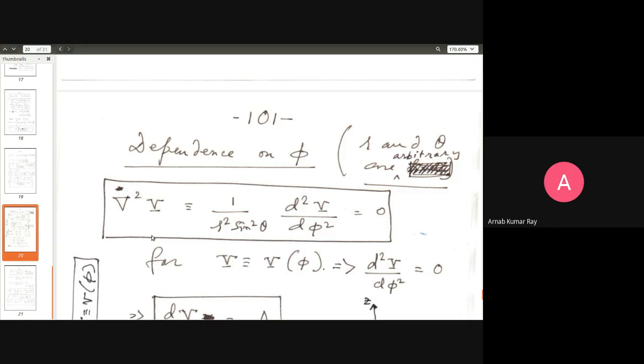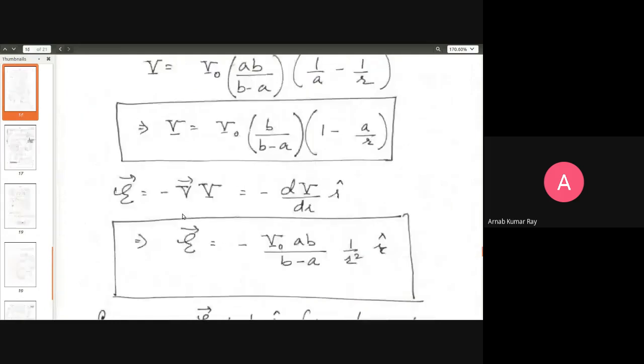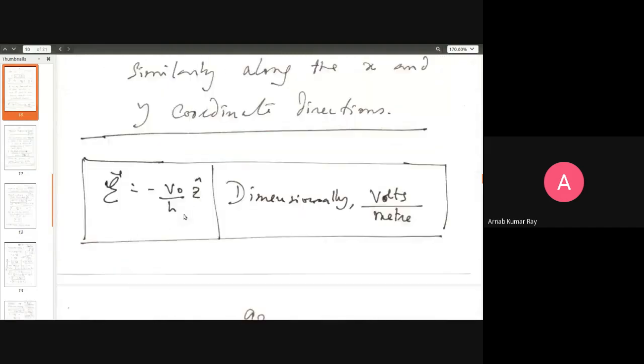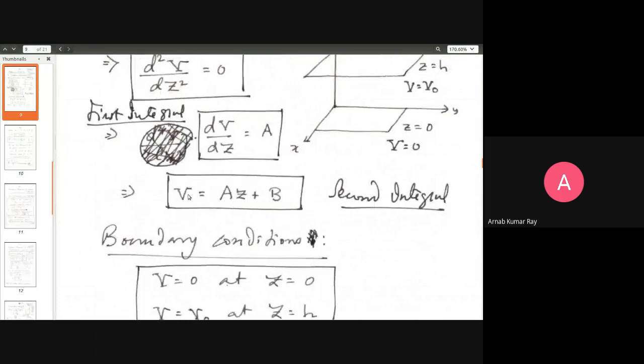Out of these 9, the XYZ system, let me recall now, gives the solution of a straight line in all the cases.